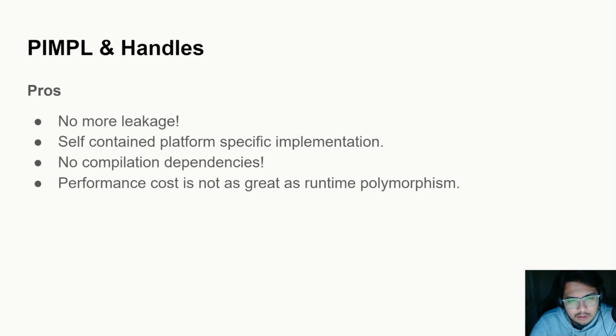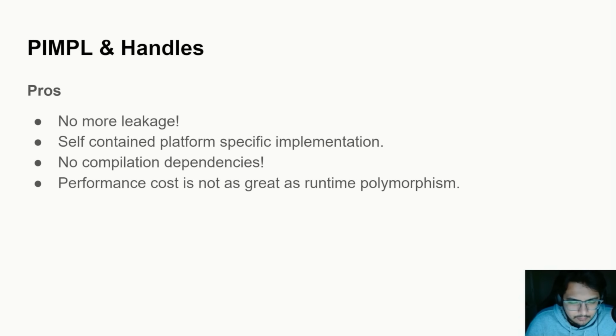So whenever you're changing or updating the interface, it no longer requires a full recompile. And in terms of performance, it's not as bad as runtime polymorphism because there is no longer that vtable lookup. In fact, the only performance cost is that initial cache miss when fetching the pointer from memory.